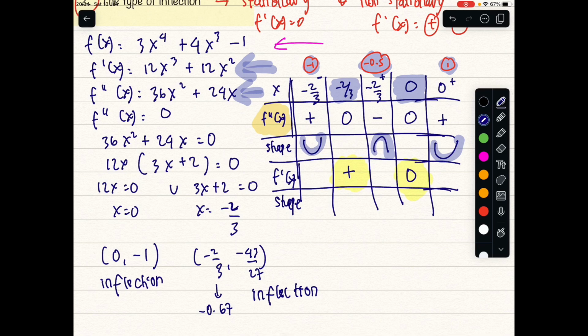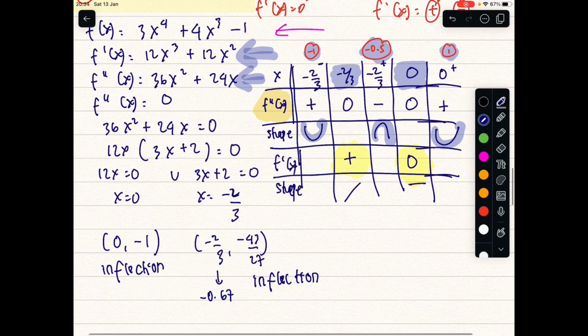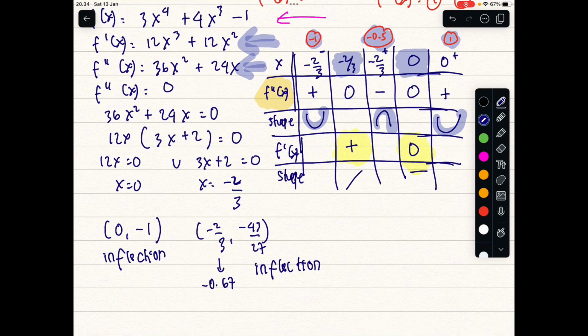So people, how's the shape? If the first derivative is positive, the curve is going up, and if the first derivative is 0, it's just horizontal. So now we know that 0, -1 is a non-stationary inflection. Oh, sorry, I got it the other way around.